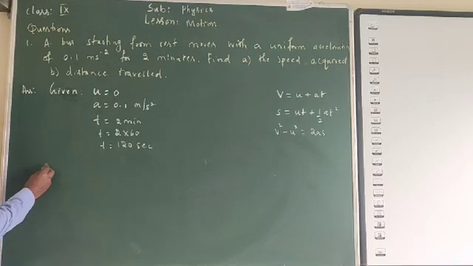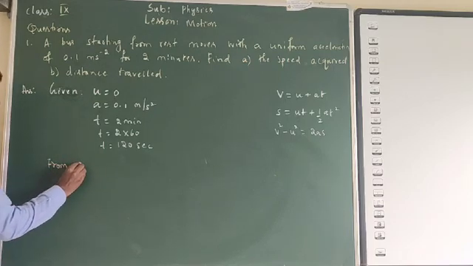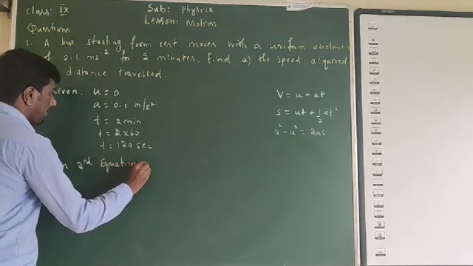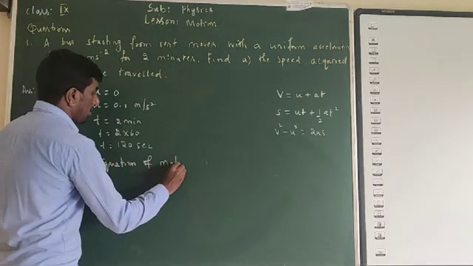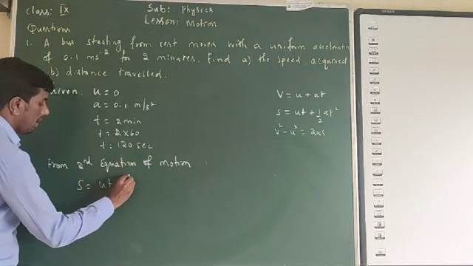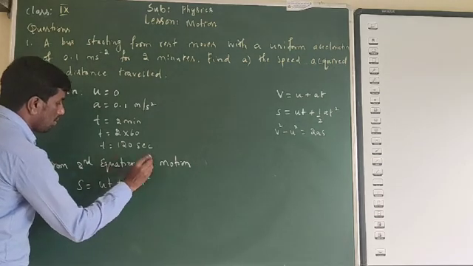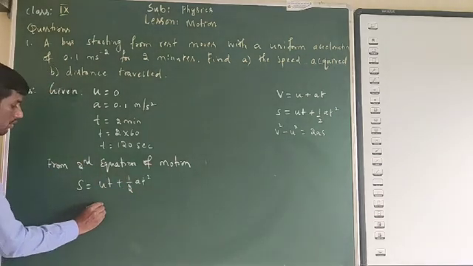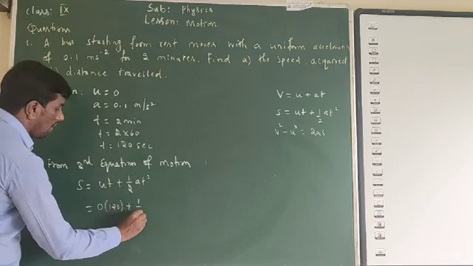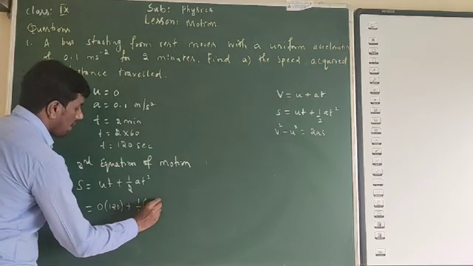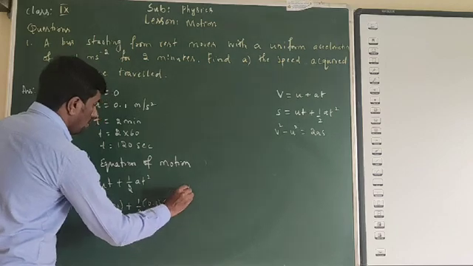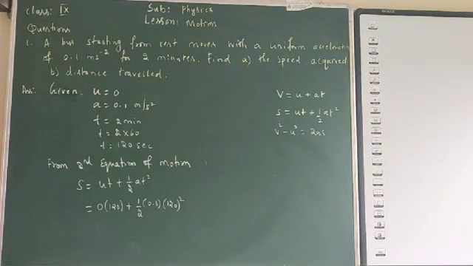Distance traveled, from the second equation of motion: s is equal to ut plus half at square. We know that u is equal to 0 and t is equal to 120, so 0 into 120 plus half a, which is 0.1, into t square, that means 120 whole square.